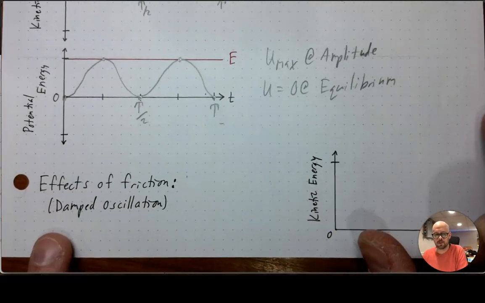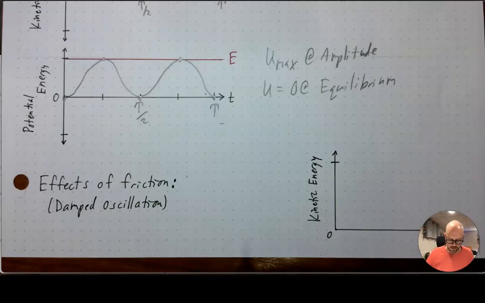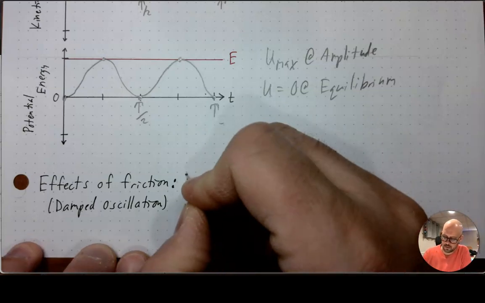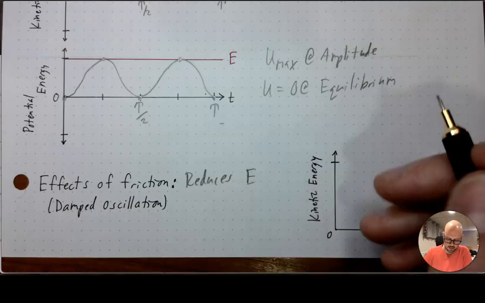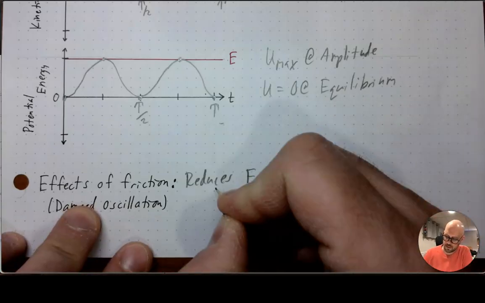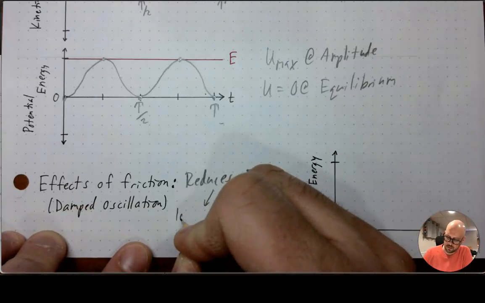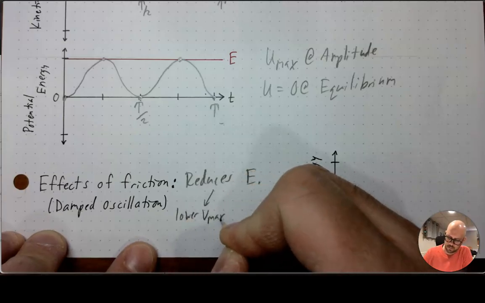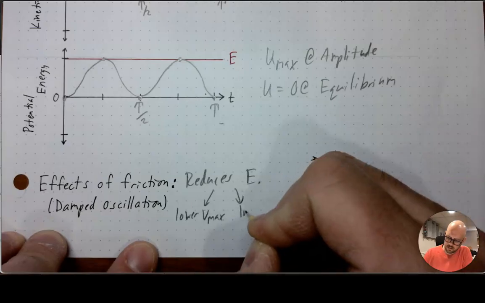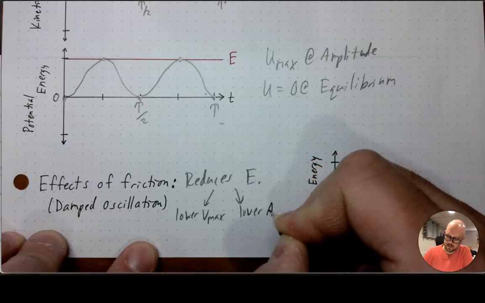Now, friction creates what's called a damped oscillation. So if there's a mass oscillating with a spring and it's sliding along a surface, there might be friction on that surface, and so that friction is going to reduce mechanical energy, and that has the effect of lowering the maximum velocity, and it lowers the amplitude.